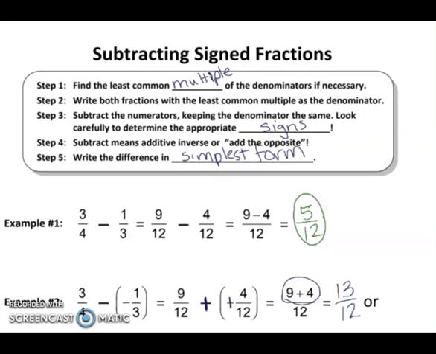That is an improper fraction, so we do need to convert that to a mixed number. So you're going to think, okay, 12 goes in the 13 one time with 1 left over. So start at the top and go clockwise. 1 and 1/12 is your answer.